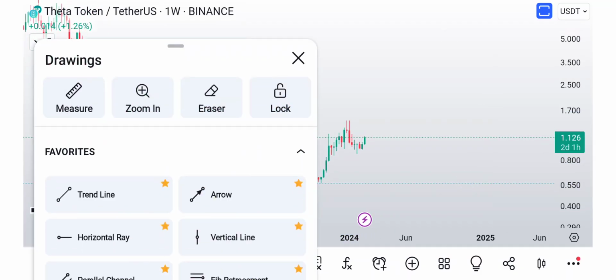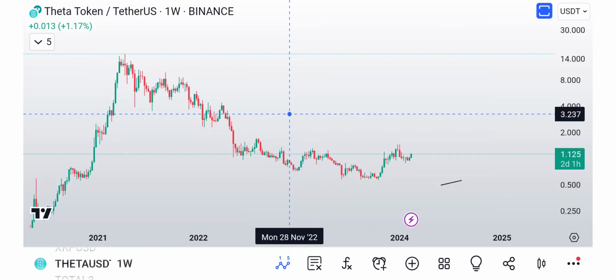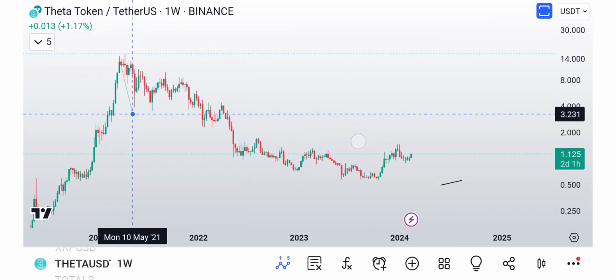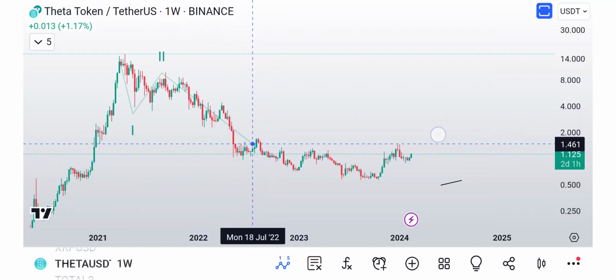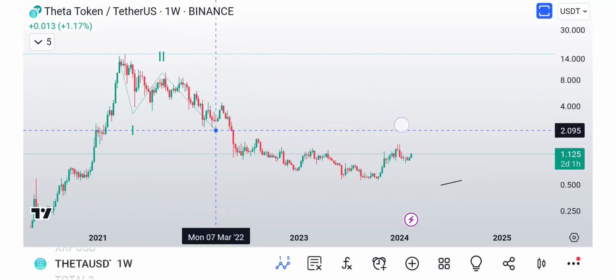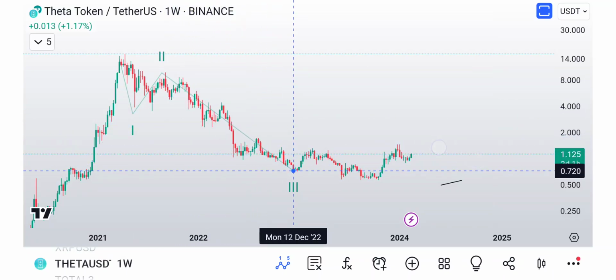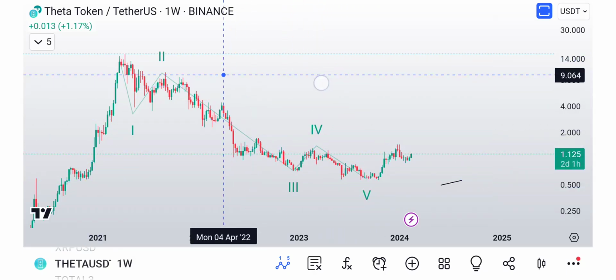So it doesn't look like that's the case. And a big reason I don't think that as well is because, look, you have 1, 2. All of this is 3. So you have 1, 2, 3, 4, 5. That's wave 3. 4, and this was wave 5.